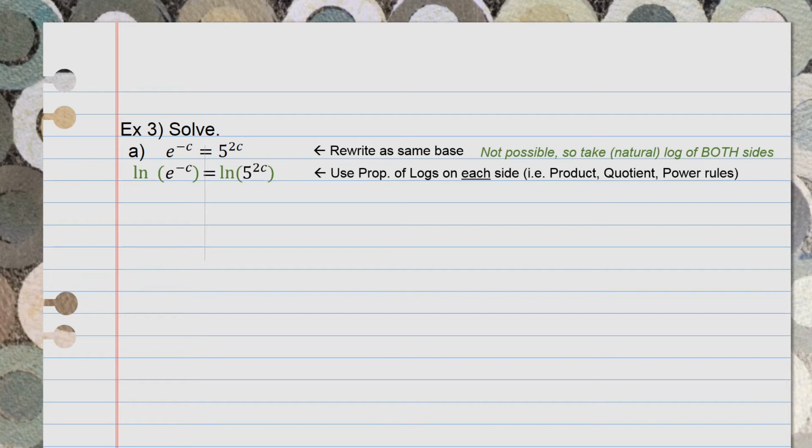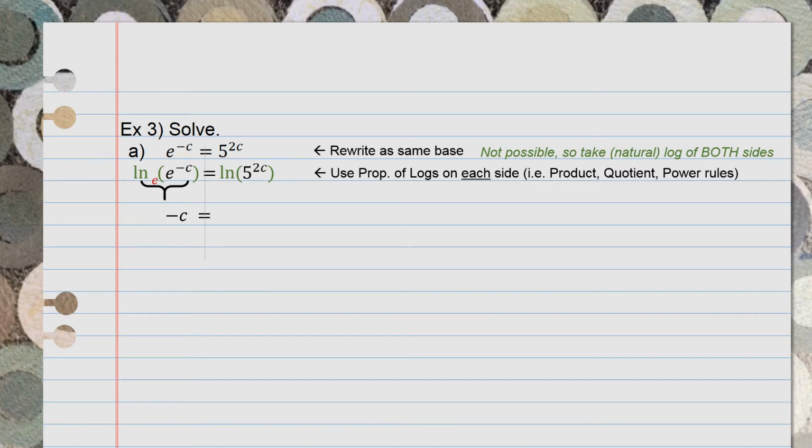Now notice the left side, natural log of e raised to the power of negative c. You have to remember, natural log runs off of base e, which really means e to some power gives me e to the negative c. Well, what does that reduce to? It reduces to the power of negative c.